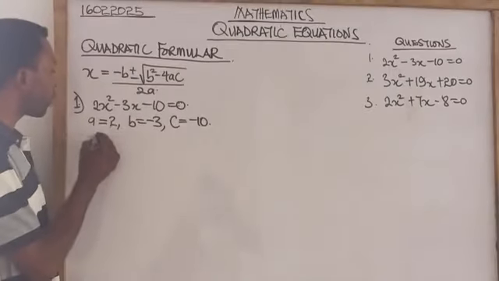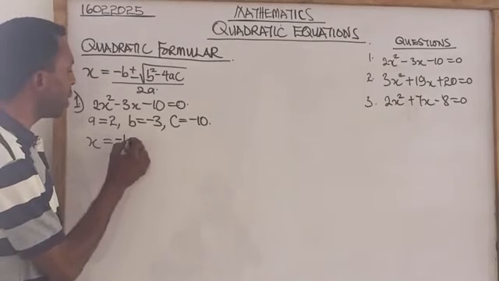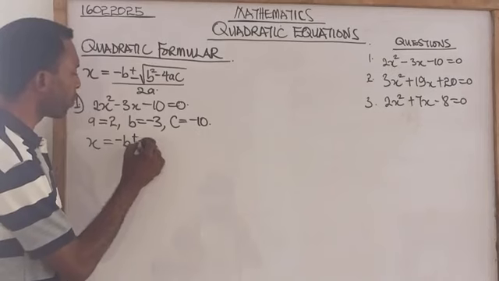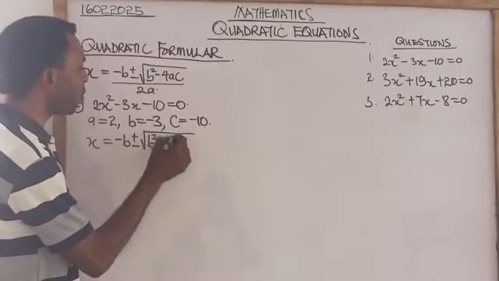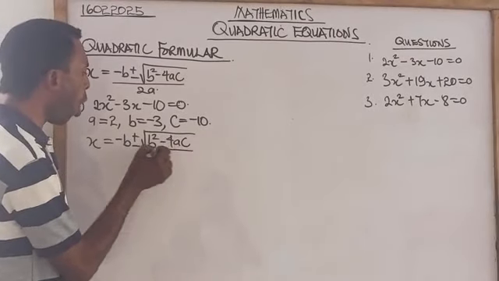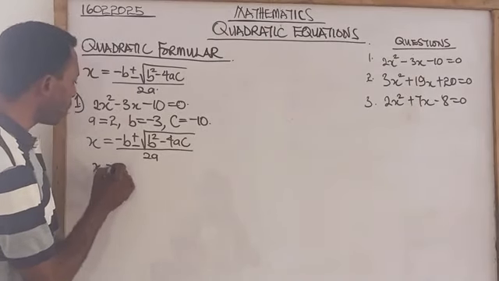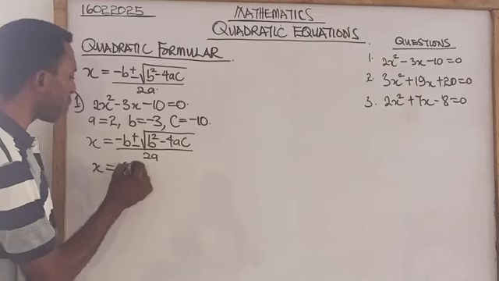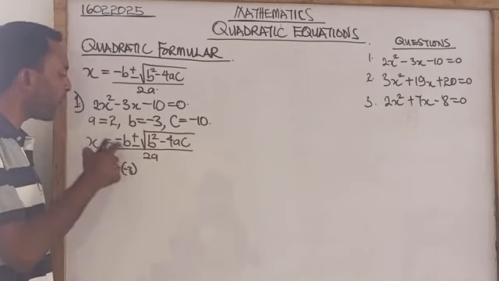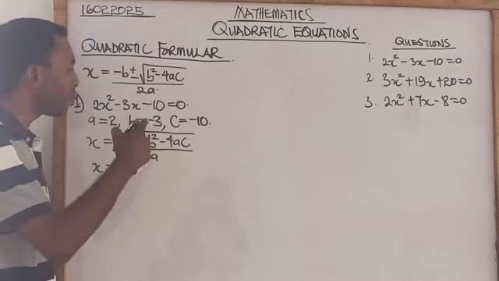So let's go straight to the question. x is equal to minus b plus or minus the square root of b squared minus 4ac, all over 2a. Meaning, what's b? b is minus 3, because the formula says minus b, and b itself is minus 3.